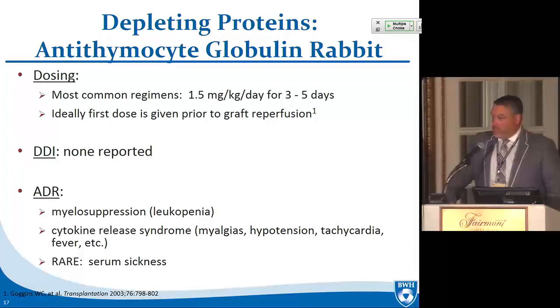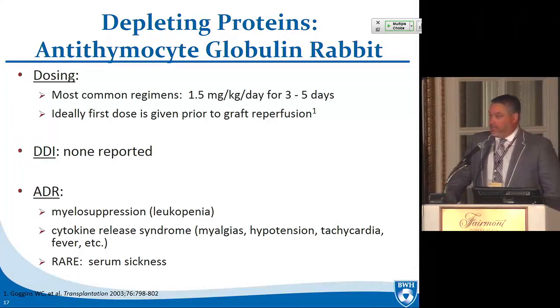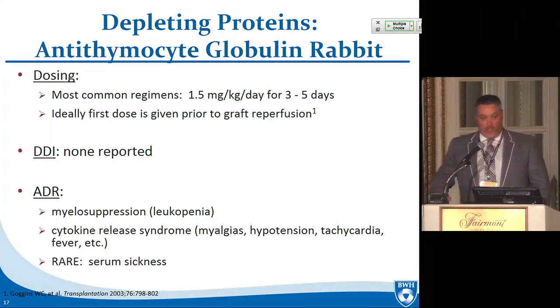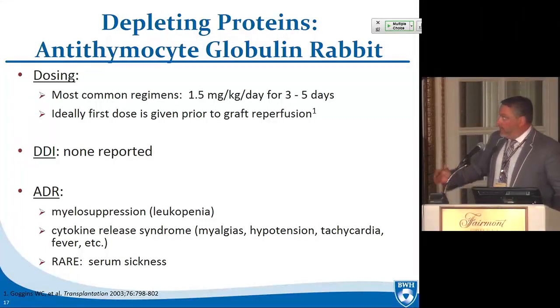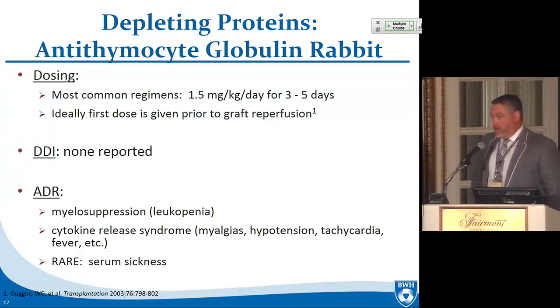But generally, most centers that use thymoglobulin induction are trying to get 4.5 to 6 milligrams per kilogram into their patient within the first week or so following the transplant. Ideally, with this drug, the first dose is given prior to reperfusion because it's been shown to reduce graft reperfusion injury. From a drug interaction perspective, there's none.